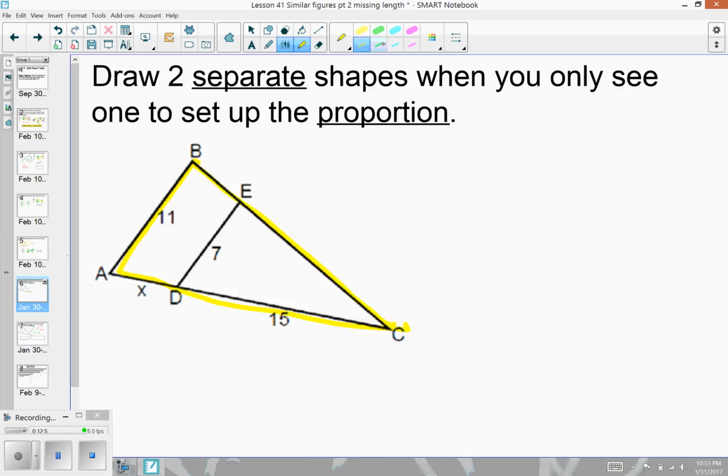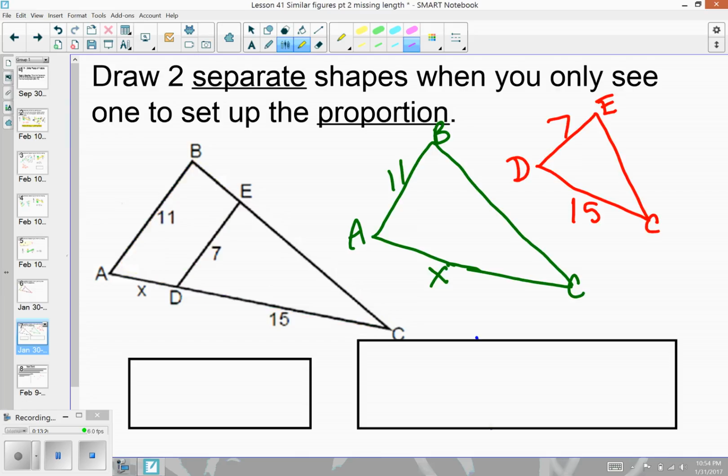And then if you can notice, we have a smaller triangle laying on top of the large triangle. So a large one on top of a small one on top of the large one. I've always encouraged everyone to separate the shapes, draw them as two separate shapes so you can easily see where the sides are and set up your proportion. So let's go ahead and do that.